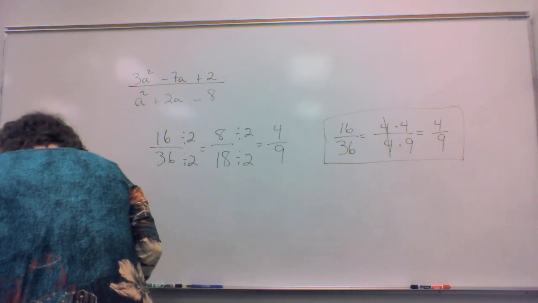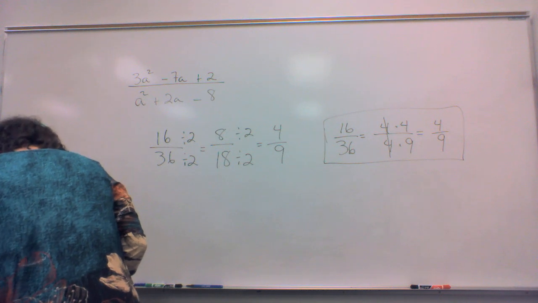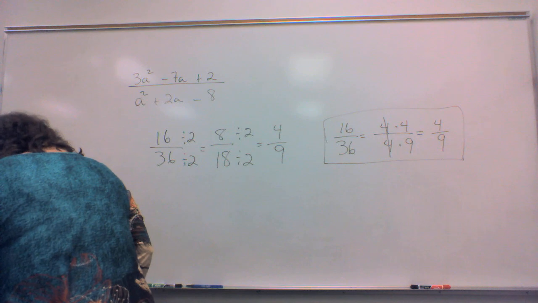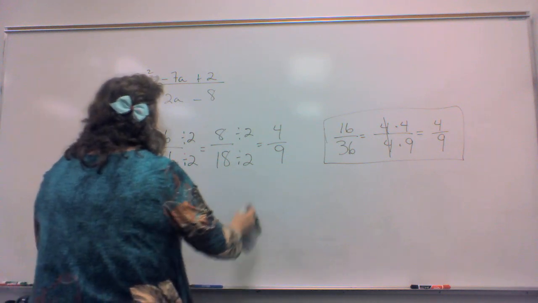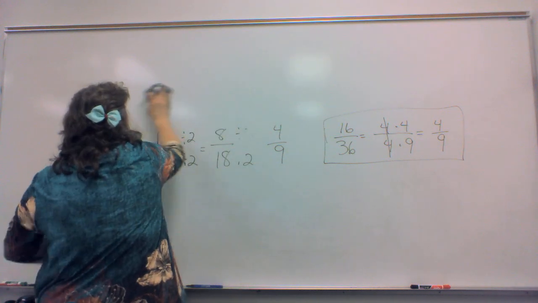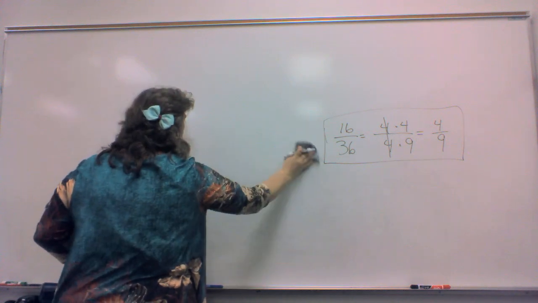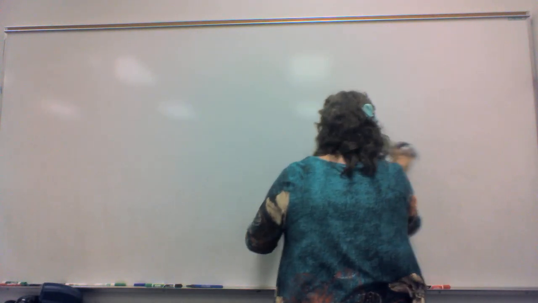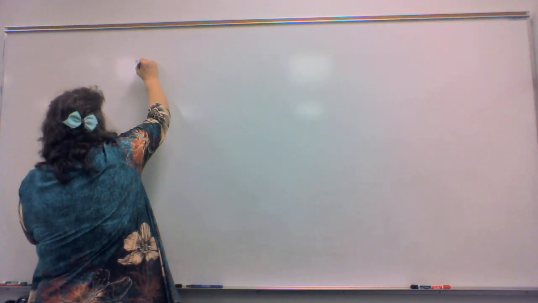So let's look at this one. The same principle that we just did. Let's start with another one that's simpler than that one that I put up there. Okay, so how about this one?